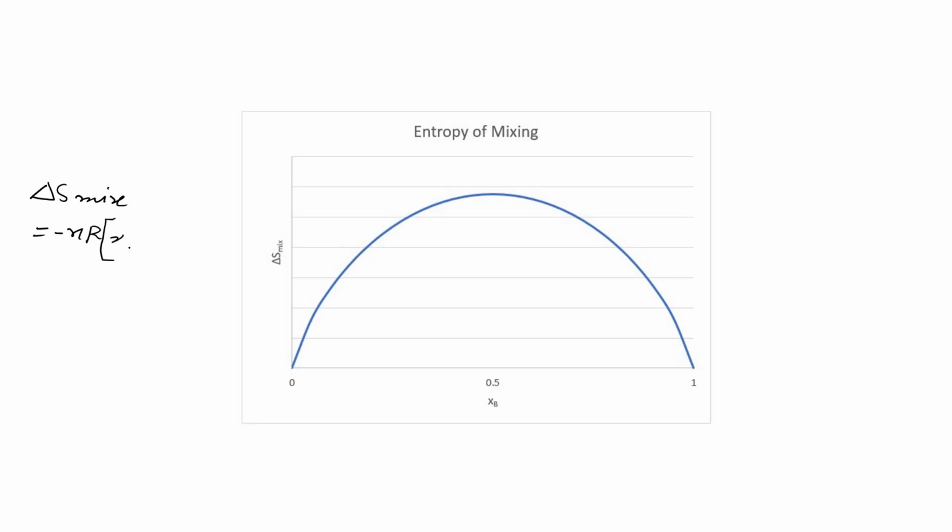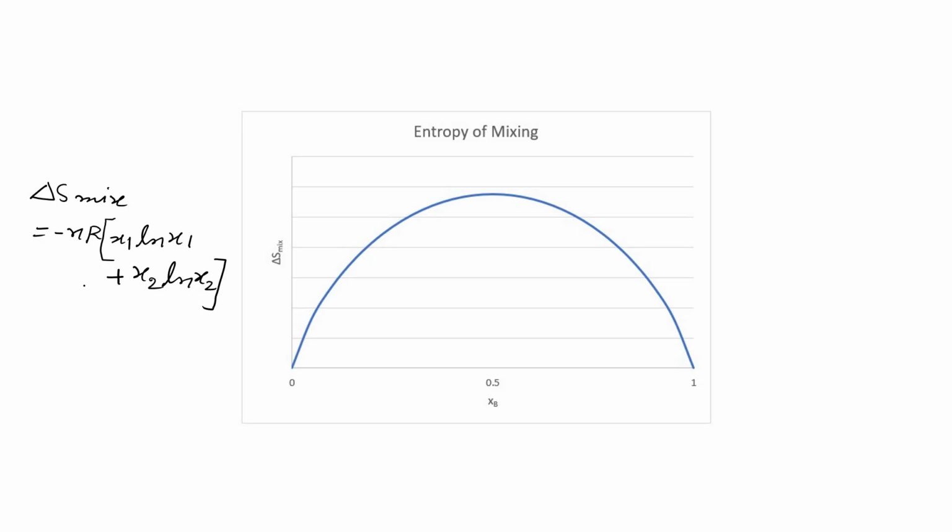X1 ln X1 plus X2 ln X2, for only two components, where X1 and X2 are the mole fraction of component 1 and the mole fraction of component 2.